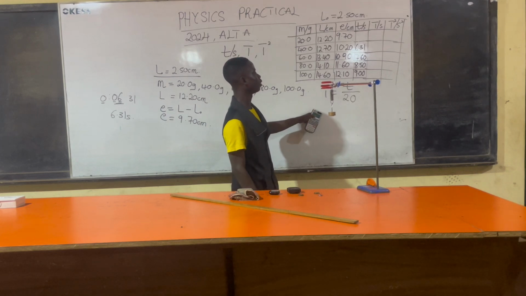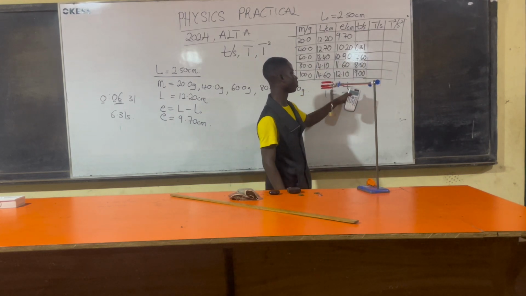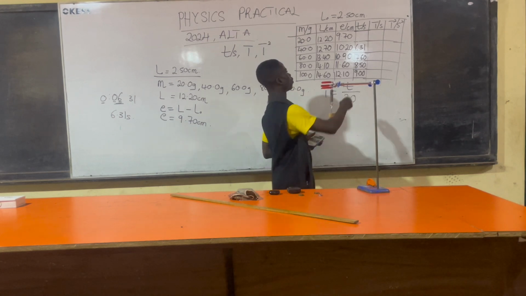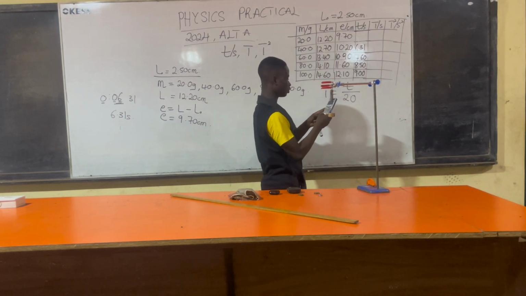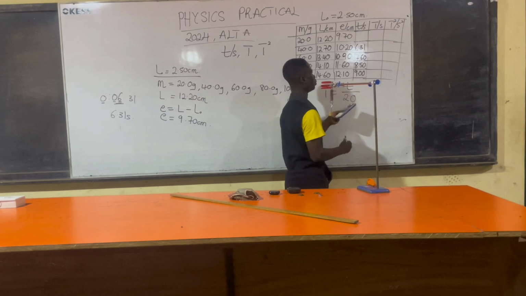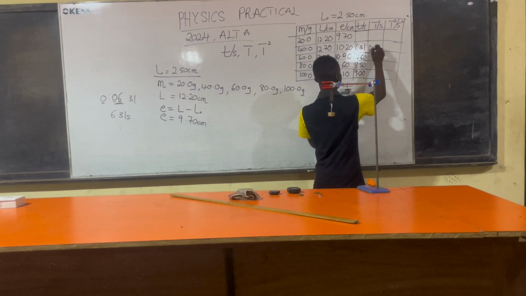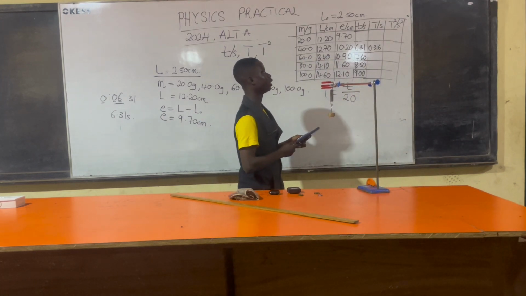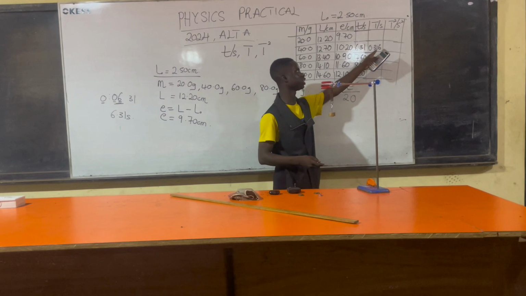So 6.31 divided by 20, we have 0.316 seconds.